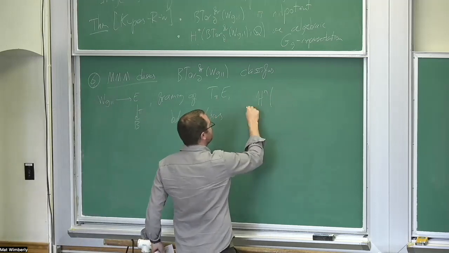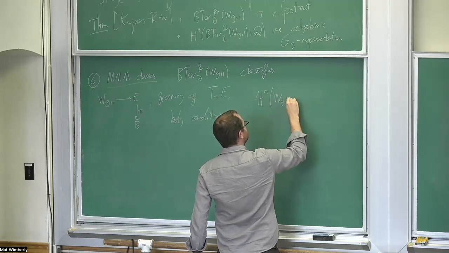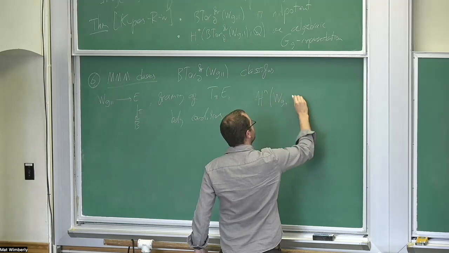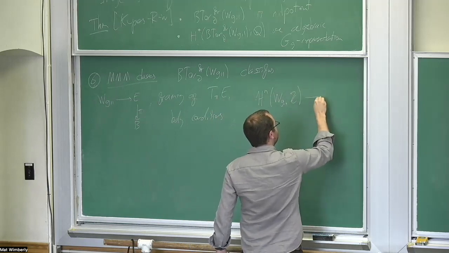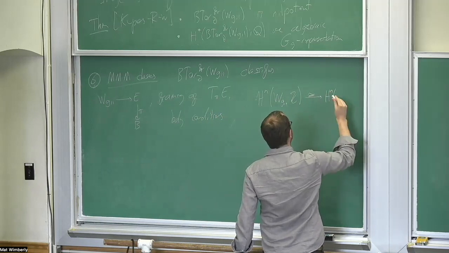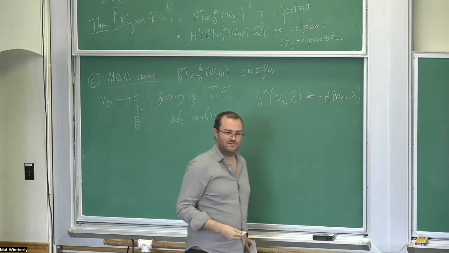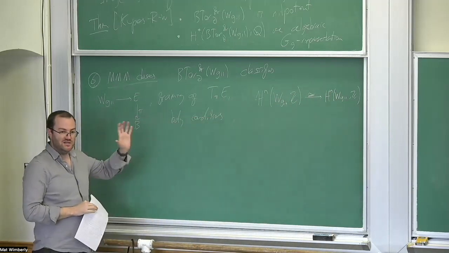So I'm going to use this script letter H to mean a local system. In fact, it's the integers. And these come trivialized. So it's identified with the constant local system, and that's what the data of the two-framing does.